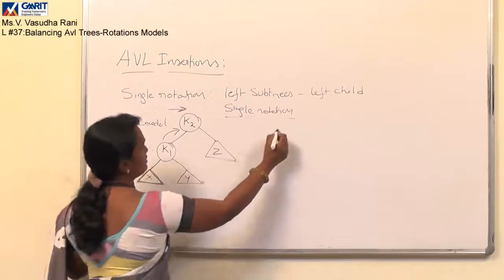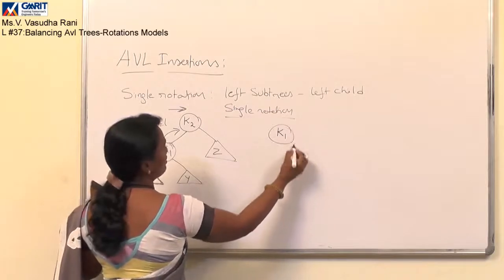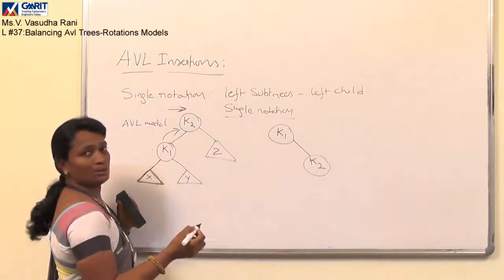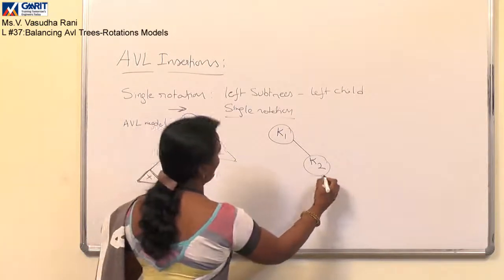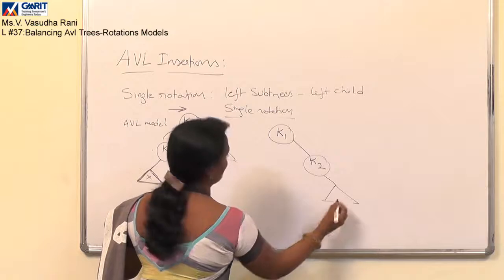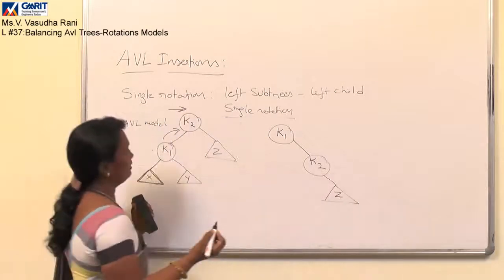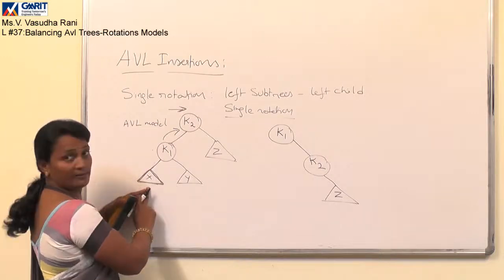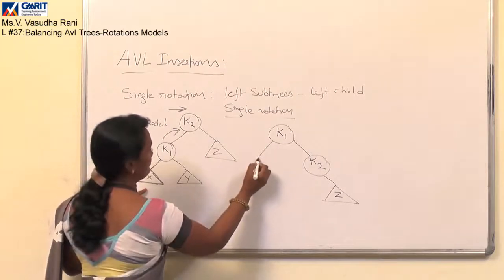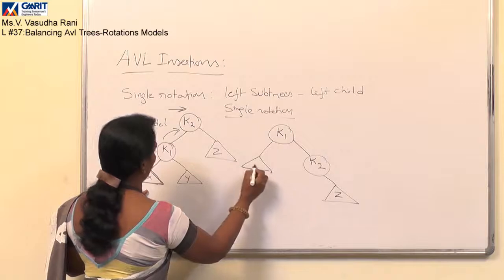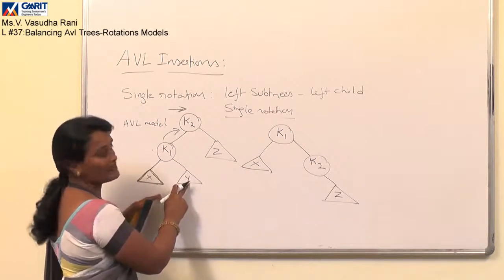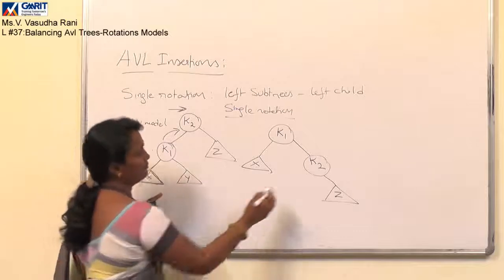So K1 will get K2 towards its right, and K2's right child as it is will be there, and K1's left child as it is will be fixed, and K1's right will go as K2's left.